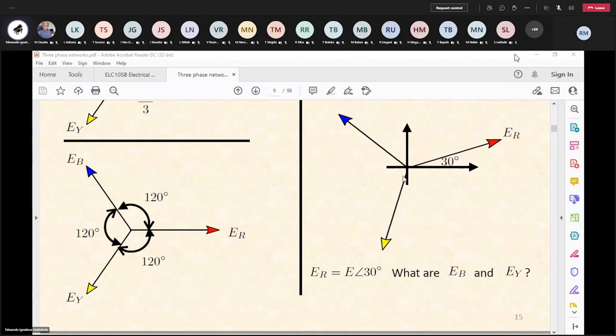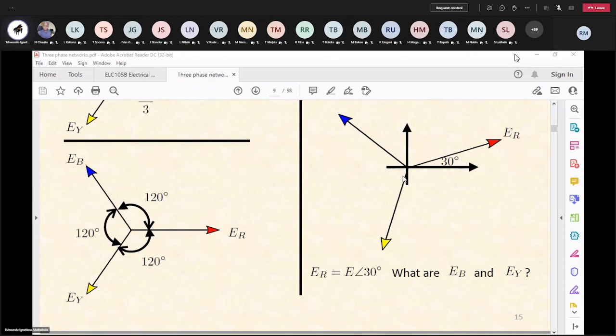So this is ER, see them as equal in magnitude.